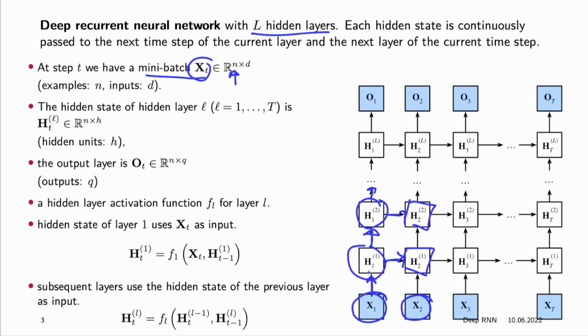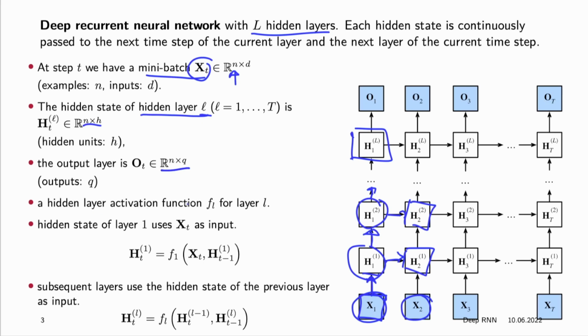Pass it to the computation of the hidden layer, which for layer little l is an n times h matrix, where h is the number of hidden dimensions, and of course we pass the input to the computation of h1. And after we've computed all of these capital L hidden layers, we pass the last hidden layer to the output layer. HL is used to compute output O. So the output layer is an n by q matrix, where we have q output dimensions.